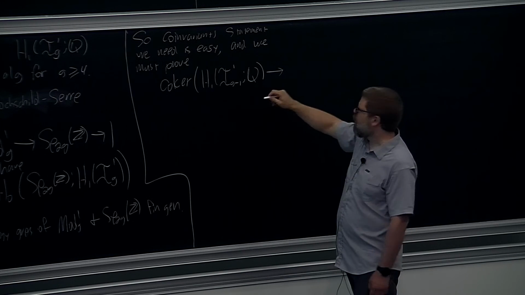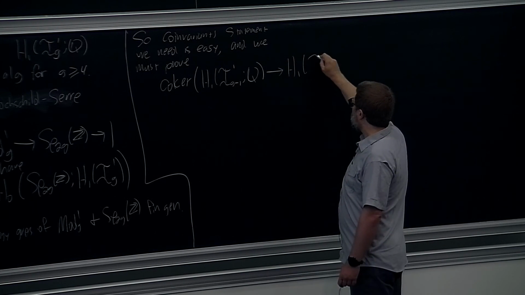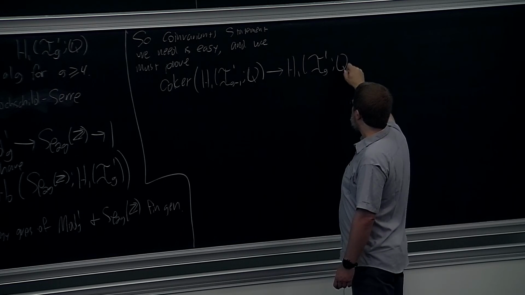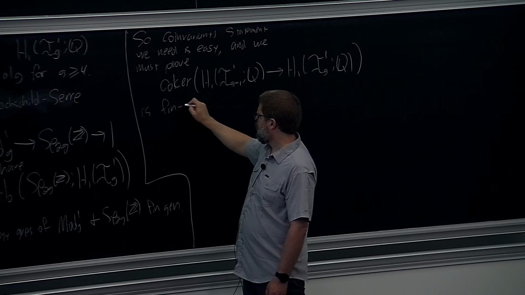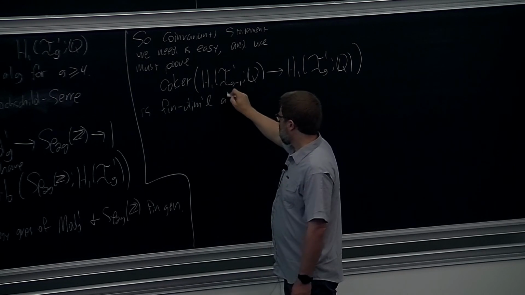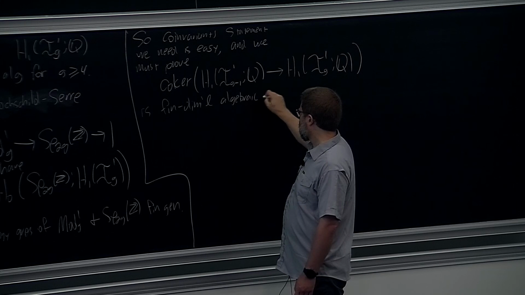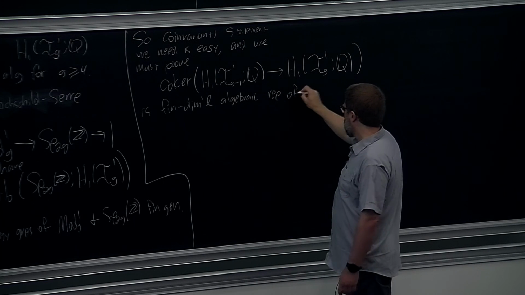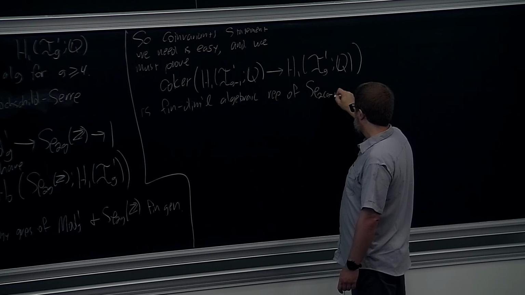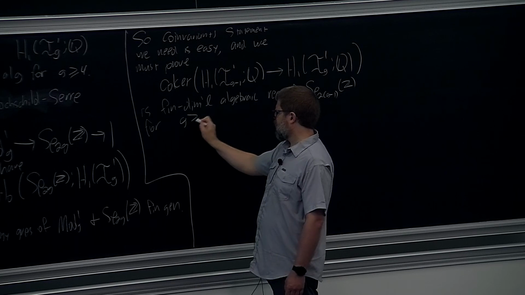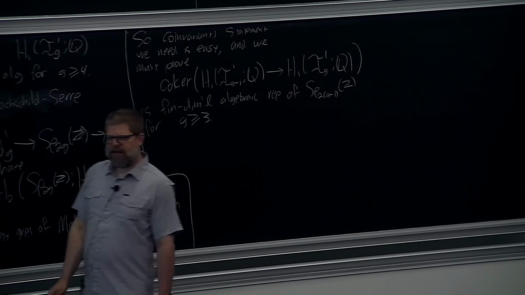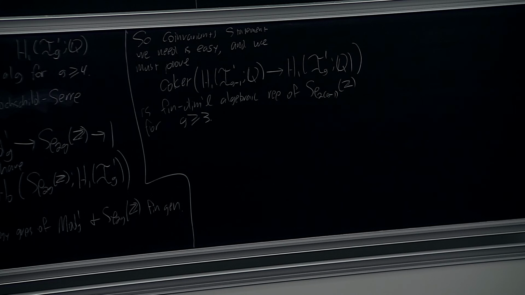It is easier over Q. This isn't going to be true for g equal to 2, so you have to use g at least 3 somewhere. The co-invariant statement works for all genus. It's very soft.